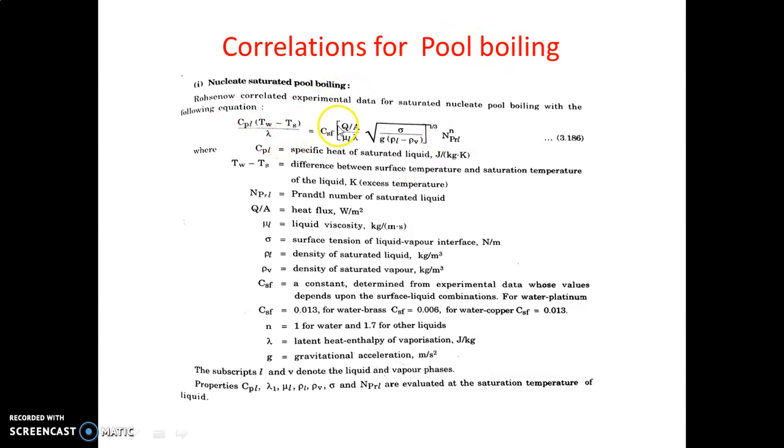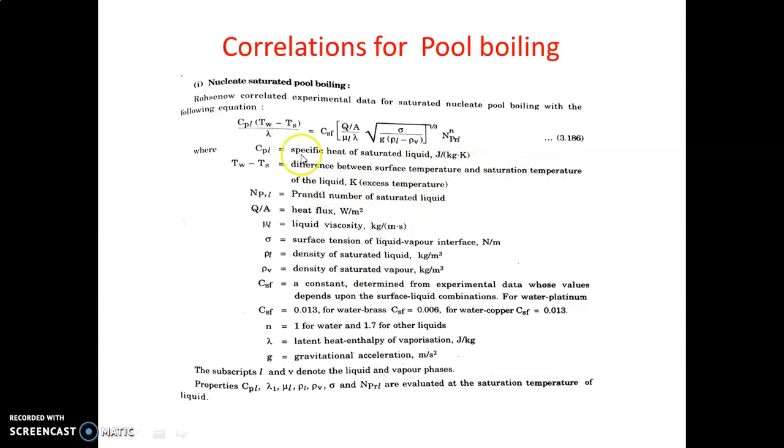So this is the formula which is used for nucleate saturated pool boiling. What is that equation? CPL is the specific heat of saturated liquid, given in joules per kg Kelvin, multiplied by TW minus TS. We already know that this is the difference between surface temperature and saturation temperature.